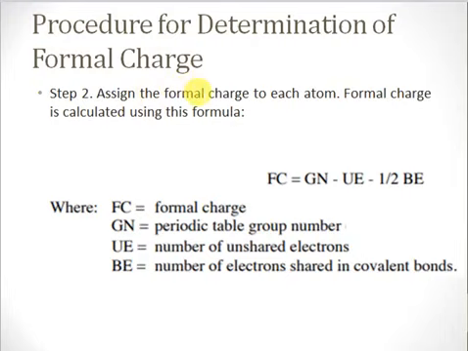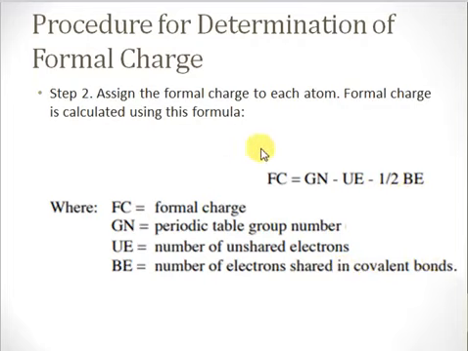In order to determine the formal charge, we have to use a formula. The formal charge, which we represent here as Fc, is equal to the group number of an atom in the periodic table, minus the number of lone pairs, or unshared electrons, minus the bonding electrons, that is, the number of electrons shared in a covalent bond divided by 2.